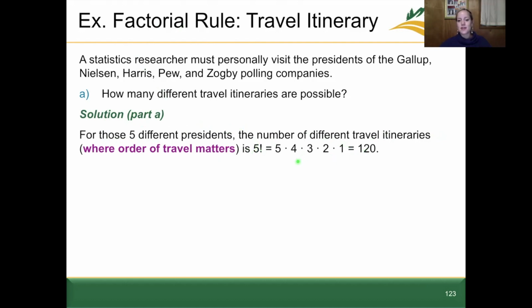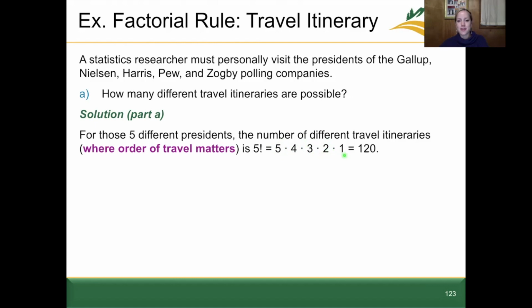Another way to think about this for yourself is that if you have the first travel opportunity, you have 5 different presidents you could go see. The second travel opportunity, you have 1 less, so you have 4 options. The third travel opportunity, you'll have 3 to select from. The fourth opportunity, 2 to select from.